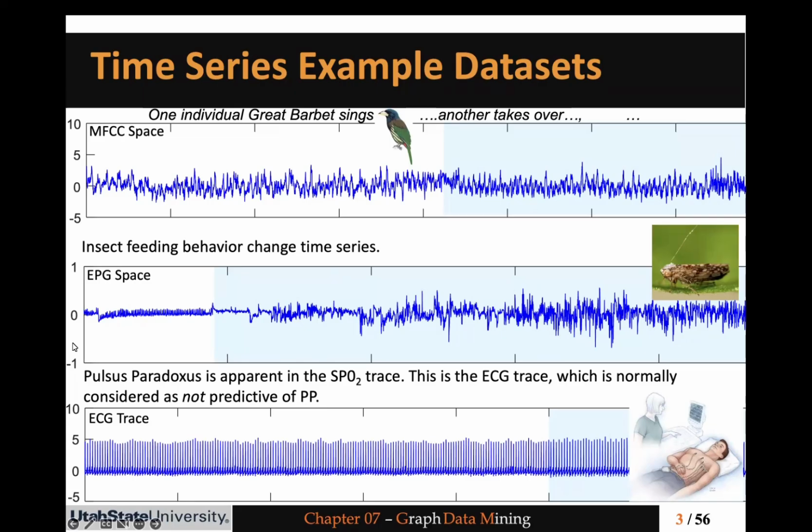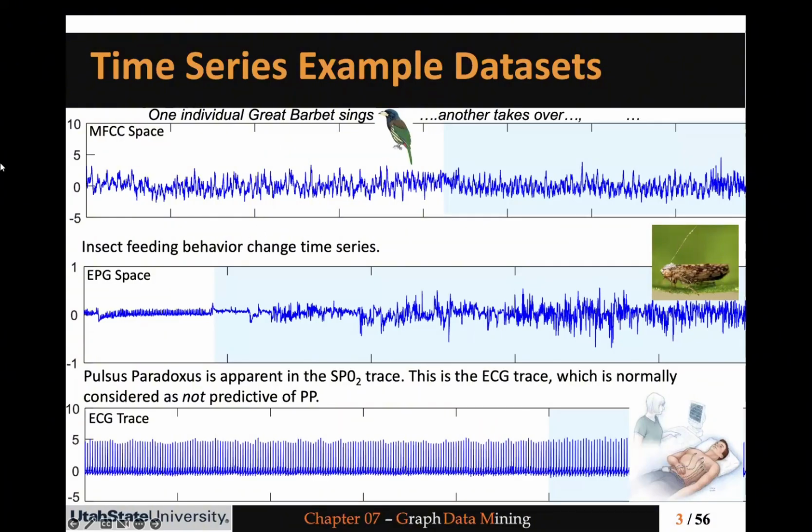When the signal is idle, in the white background, the insect is really not eating and maybe just gazing around in nature. But when it's feeding, it's emitting these very big perturbations that you see here, in a zigzag fashion in the signal, which probably tells us that the insect is feeding.